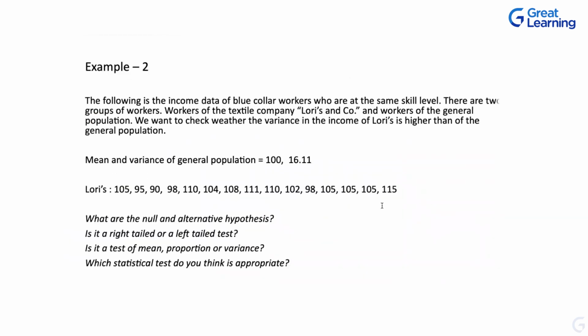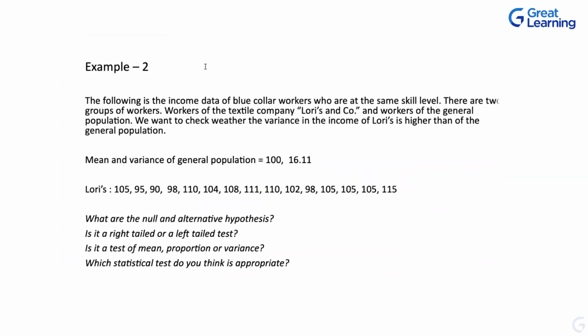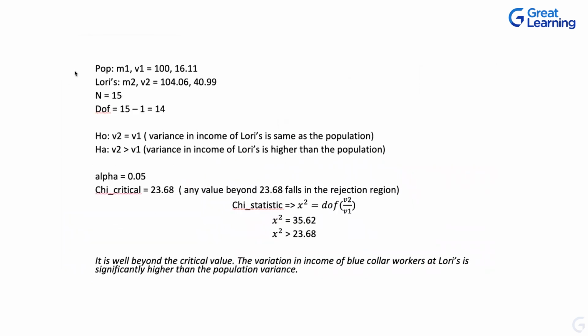So this is the problem. Lori's example. The total population variance is 116.11, which is already given for us here. And then we calculated the same thing for Lori's group. We got 104 and 40 point. See, the mean is marginally higher, but see the variance.